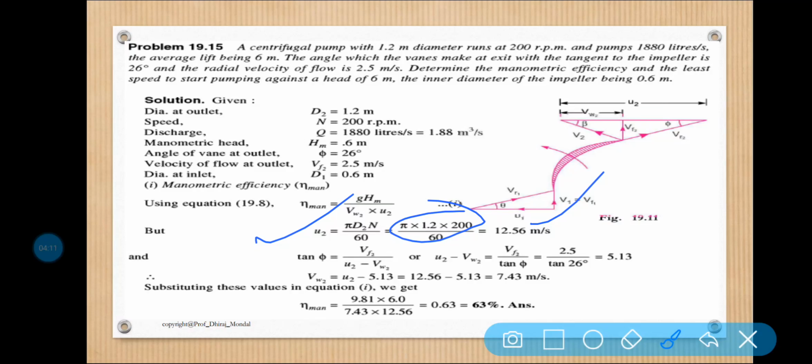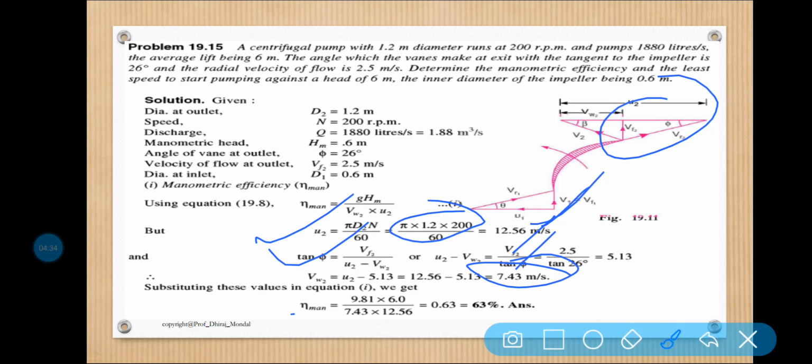Now if I want to find Vw2, tan phi is equal to Vf2 by (u2 minus Vw2) from this triangle. u2 is given, Vf2 is given, phi is given. Can I find Vw2? So Vw2 is 7.4 meter per second.